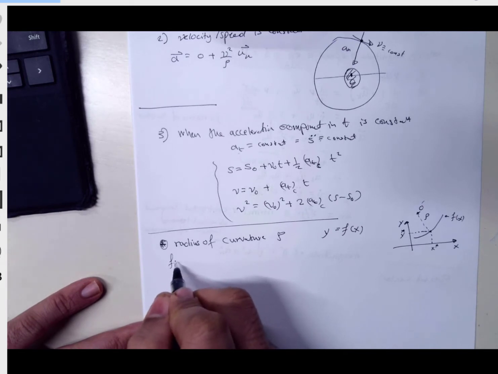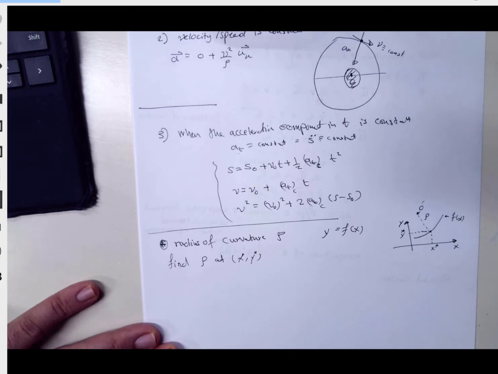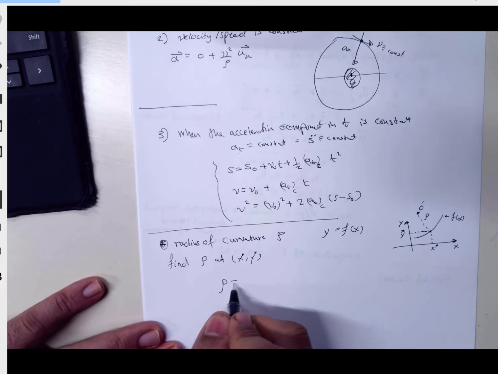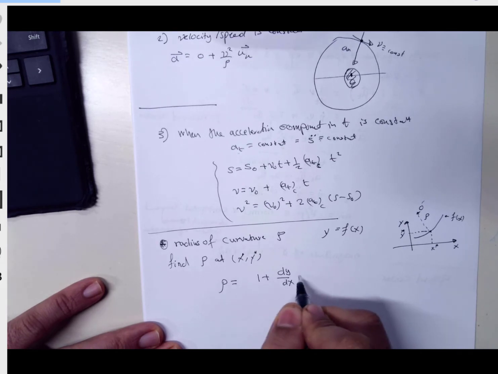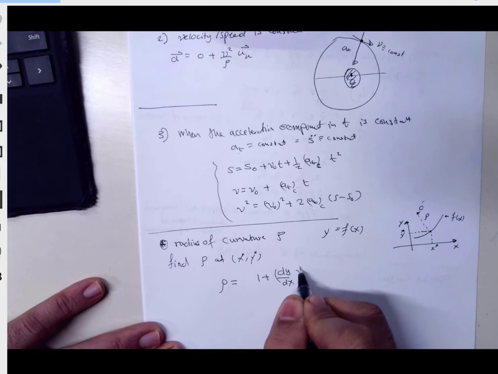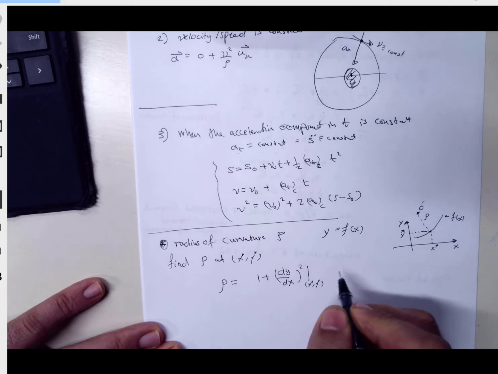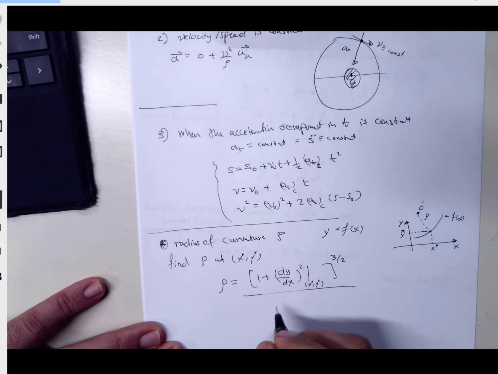So find rho at x star, y star. There is a relationship that you can use, that rho equals 1 plus dy over dx calculated at x star, y star, to the power 3 over 2, divided by the second derivative, again calculated at x star, y star.